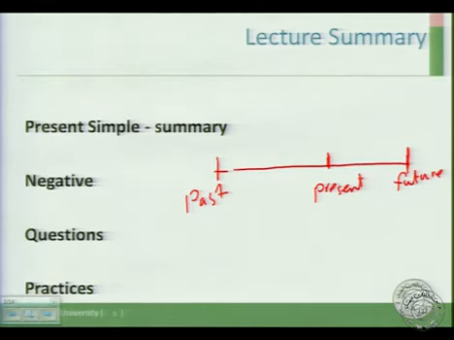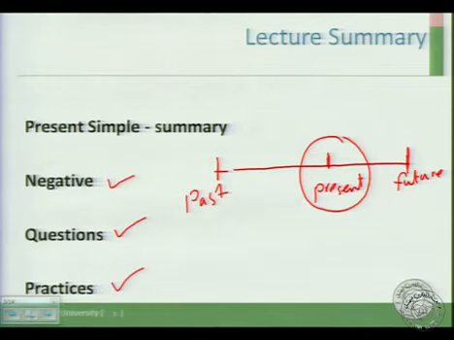Let me say it in Arabic, الشريط الزمني. So now, or today, we are going to talk about the present simple, something that happens in the time being, but it used to happen in the past, and it will continue happening in the future. And today we will be introduced more to how do we make negative sentences, questions, and we'll have some practices in the book.